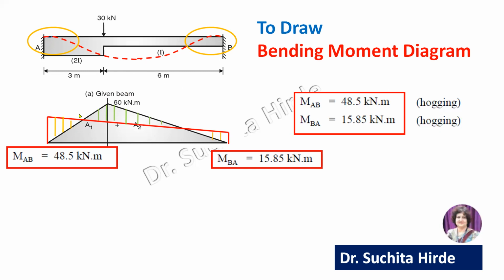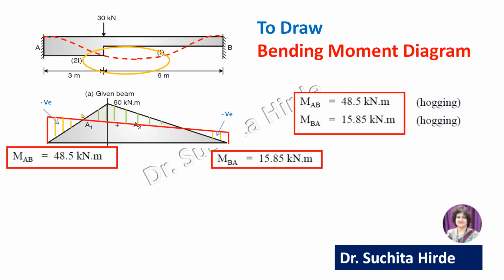And then somewhere here, there is a change in shape, that is from negative to positive. So at the mid span there is positive bending moment, and at the end there is negative bending moment because there is hogging. And at the center, there is sagging.